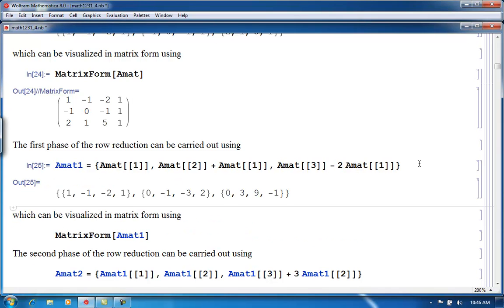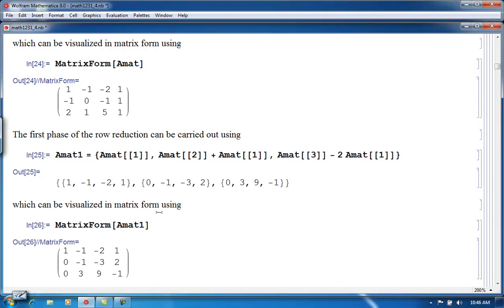We visualize that as a matrix, and we can see that indeed we've got zeros here and here.